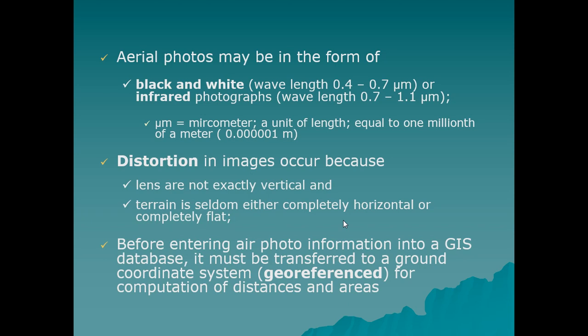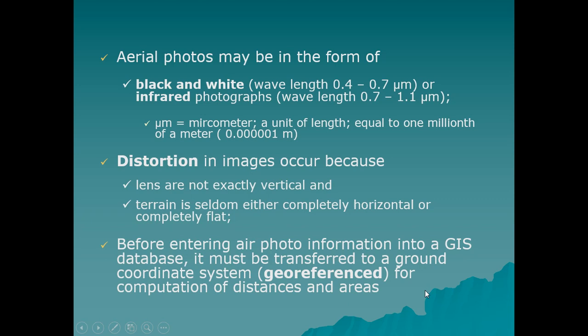And one of the first things that you would have to do is you will have to georeference the image. So before entering the photo information into any GIS database, it must be transferred to a ground coordinate system for computation of distances and areas.